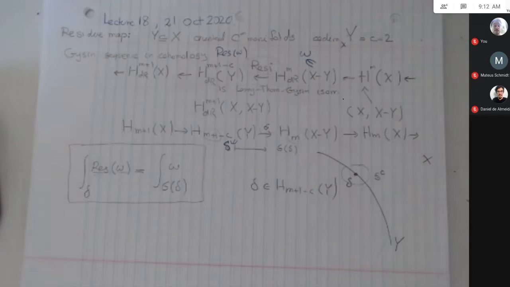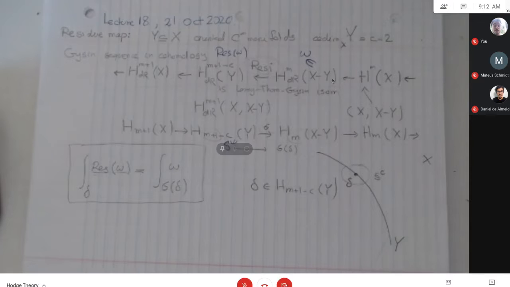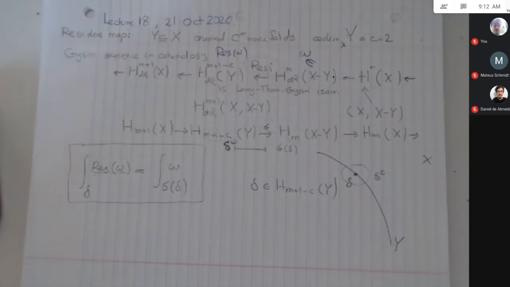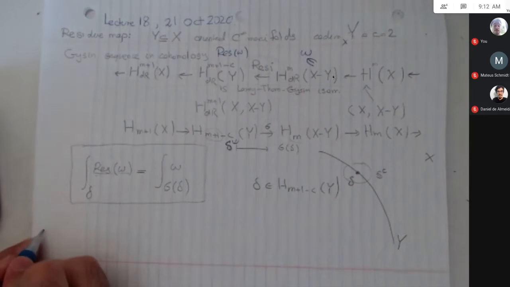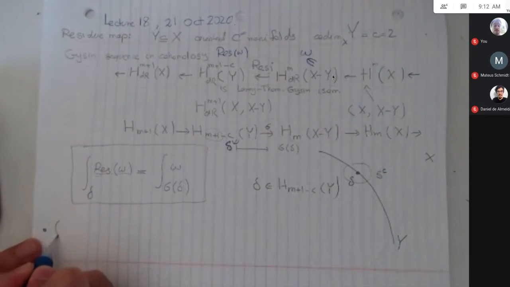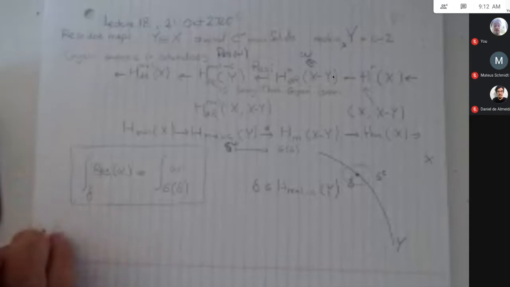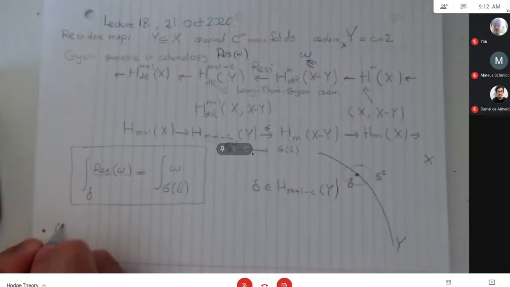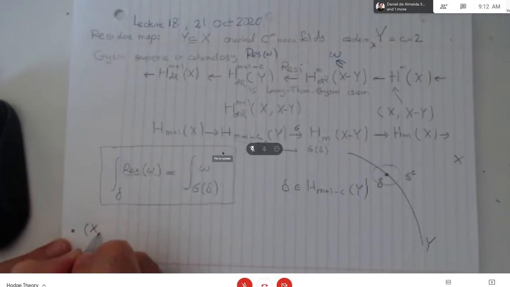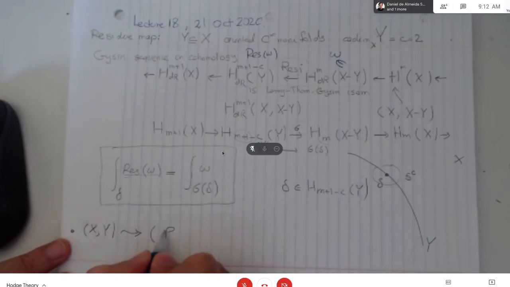Okay, let me see what else I want to say. I will apply this situation to the pair, in order to announce the Griffiths theorem. X for me will be P^{n+1}.